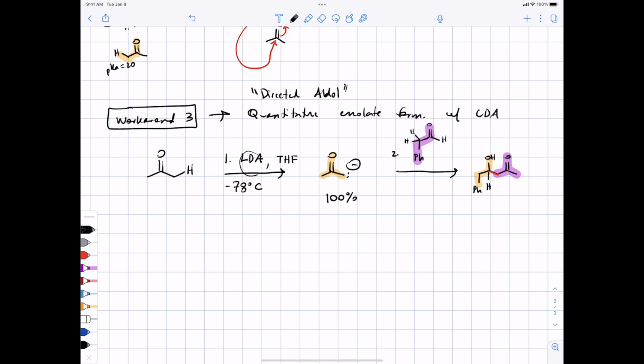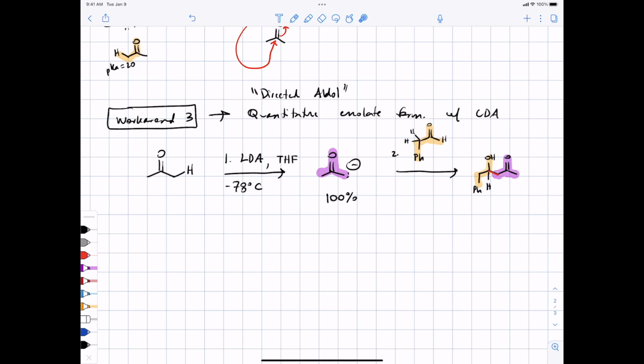Because you're using LDA to direct, and you're using careful experimental conditions to direct who gets to make the, whoa, I got the colors backwards, didn't I? Let's try that again. Who gets to be the enolate and who gets to be the electrophile. The idea here is that the second molecule never, ever, ever sees LDA because you've consumed it all by making that first enolate.